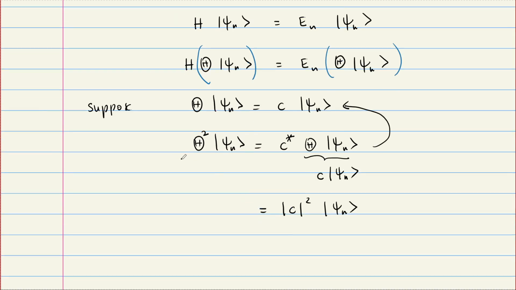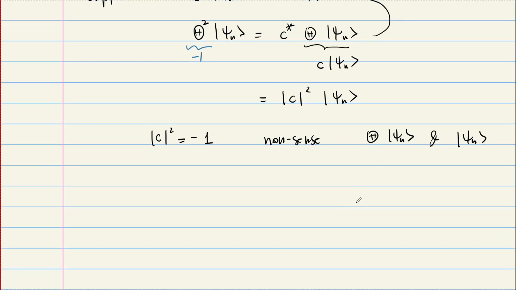So this is minus 1, and this gives us c squared is equal to minus 1. What does it mean? Exactly, this is nonsense. That means theta psi n and psi n are distinct, but have the same energy.